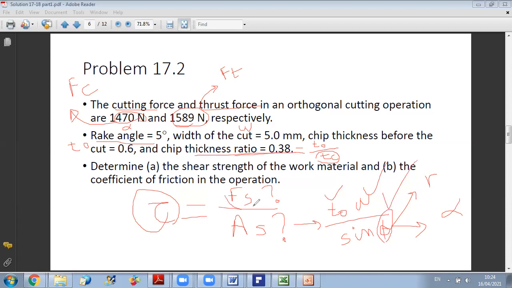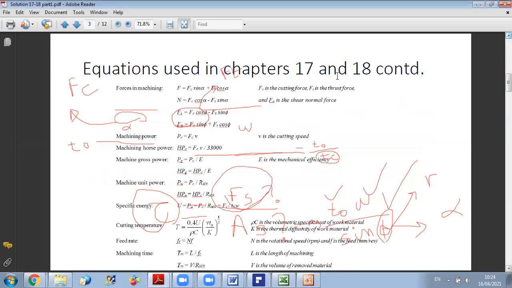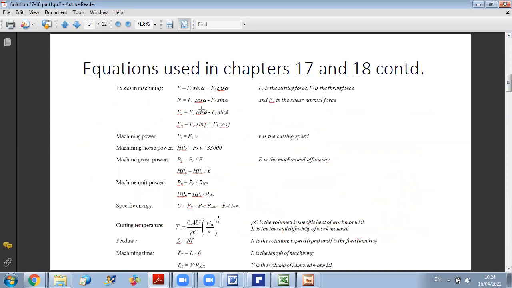Now, concerning the shear force, I want to use the formula of the shear force Fs as a function of the cutting and thrust force. So if I go back to my formula sheet, I have the expression of Fs directly as a function of Fc and Ft.